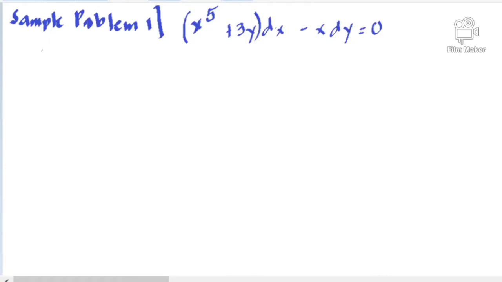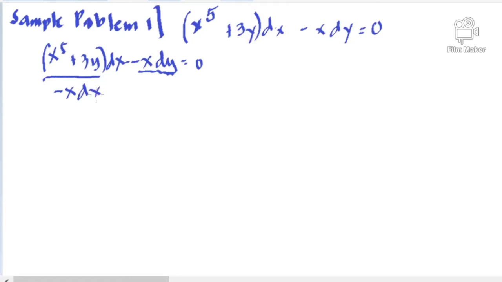divide. Anong i-divide natin? So, kung meron tayo dito x to the 5th plus 3y, may dx pala dito, minus x dy is equal to 0, magdi-divide tayo dito ng negative x dx.